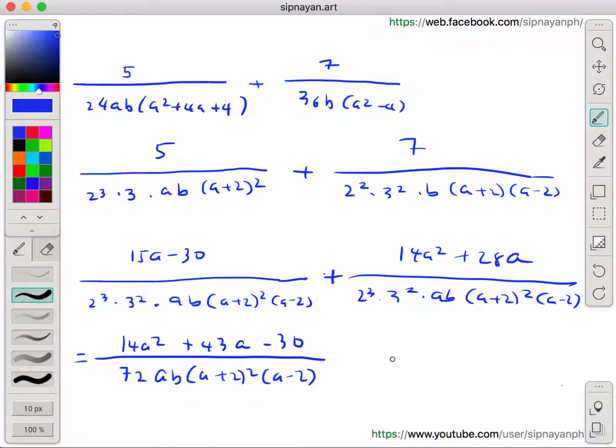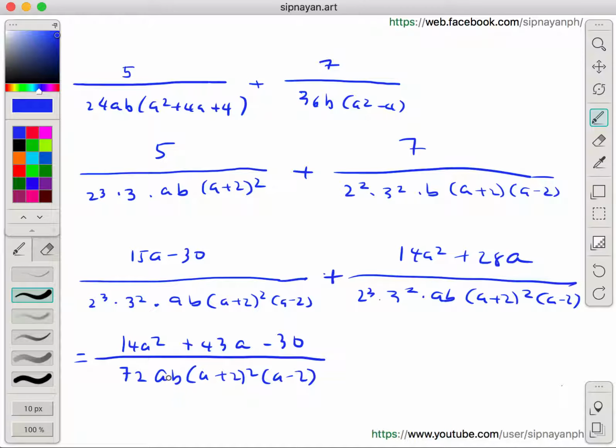Ma-factor pa ba natin ito? I think it's not factorable. I think this is the final answer. Hindi na natin ma-factor ito. The question is, simplify pa ba natin yung (A plus 2) quantity squared times (A minus 2)? Now, depende yan sa teacher ninyo.